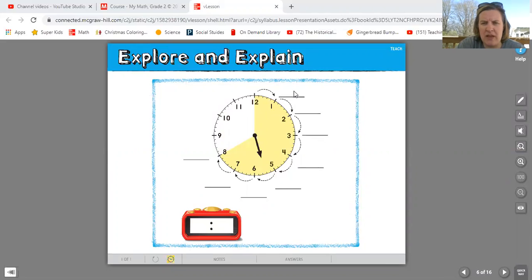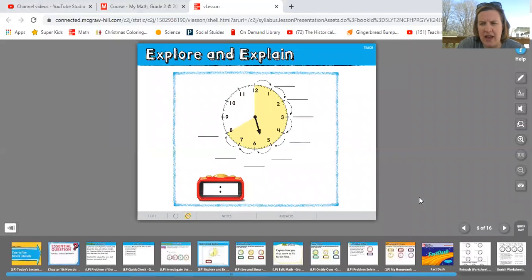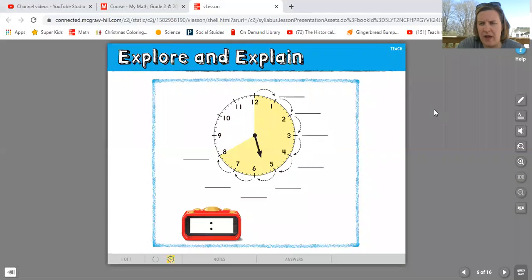So this one would be 5, and then 10. Hang on there, I gotta turn that guy off. All right, let's try again. 5, 10, 15, 20, 25, 30, 35, 40. So let's see if I can get my writing tools here.